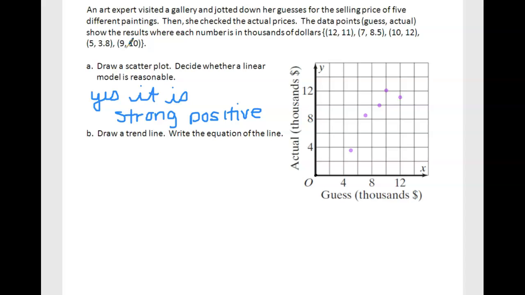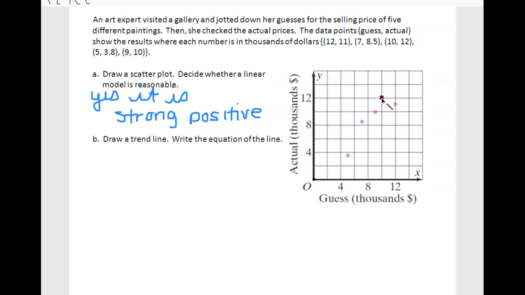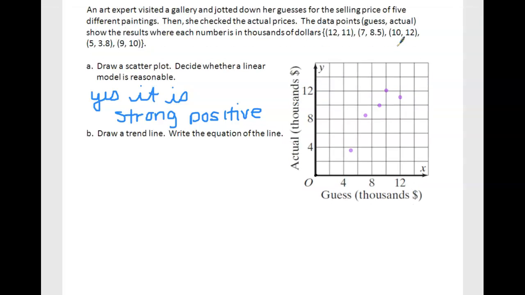So then it says to draw a trend line and write our equation. So the trend line is the line you draw. So I would say, if I were drawing in a line, that maybe her guesses and the actual were always a little bit off.